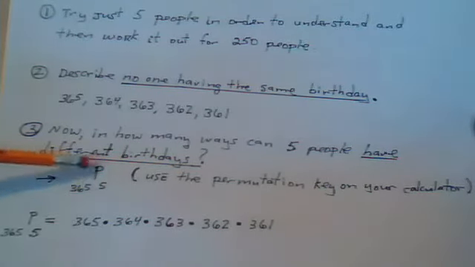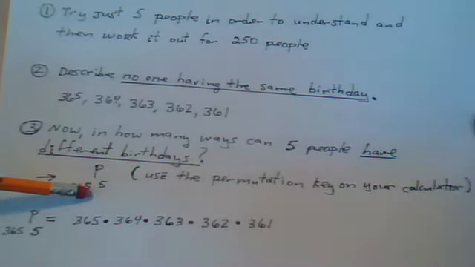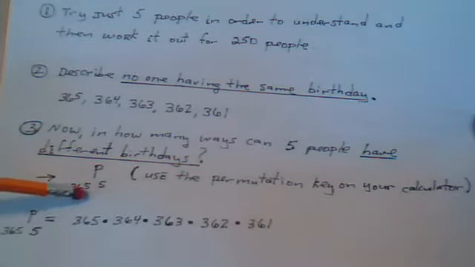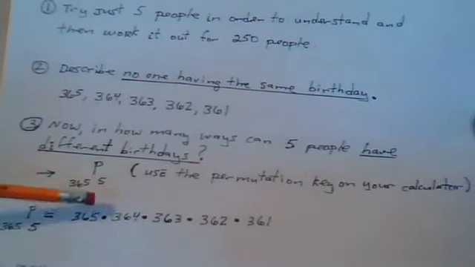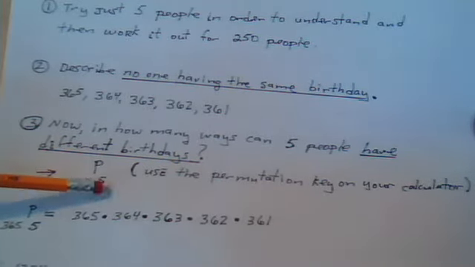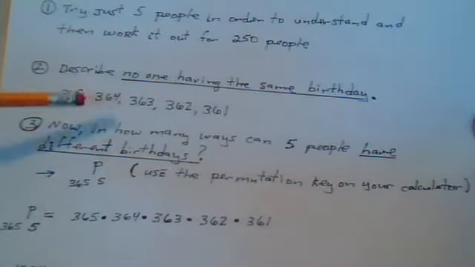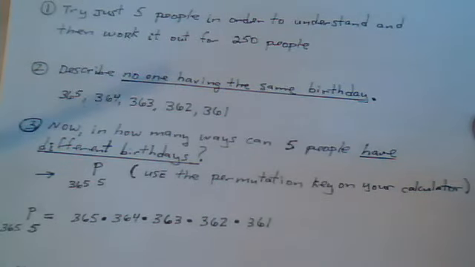So this one, a permutation of 365 objects, arranging 5 at a time. That means you're going to get 365 days, and from the 365 days, you're going to assign a different day to each of these 5 people. That's what this means. So a permutation is counting how many ways you could arrange objects.